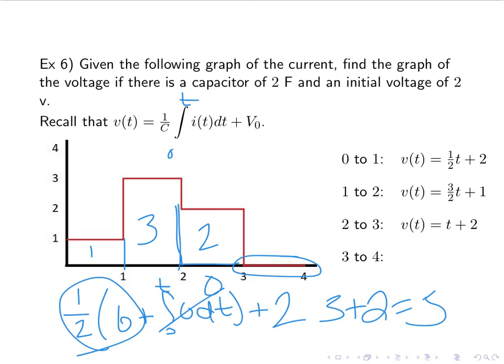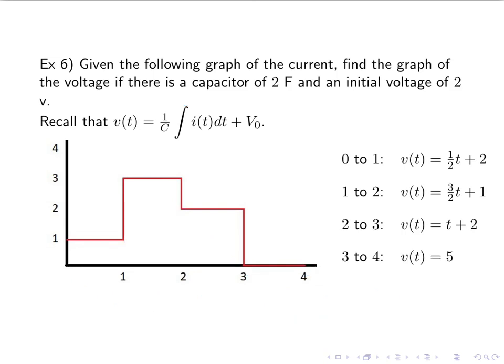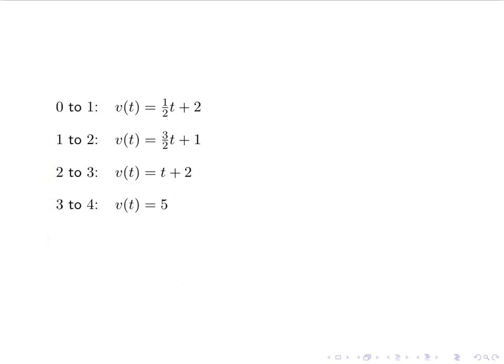So from 3 to 4, my voltage is just the equation v of t equals 5. Remember, if the derivative is 0, then my function is a constant. So I just have 5.